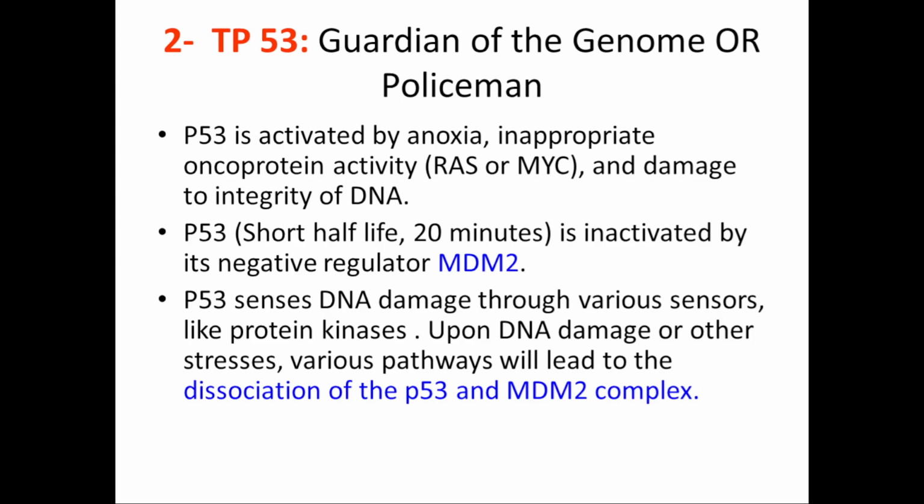Again, the main function of P53 is to arrest the cell cycle if there is DNA damage until there is enough time for repair. If DNA repair doesn't happen, P53 causes apoptosis of the cell.